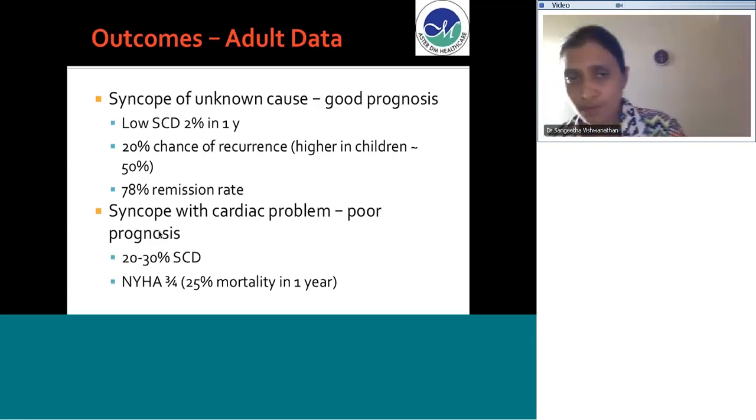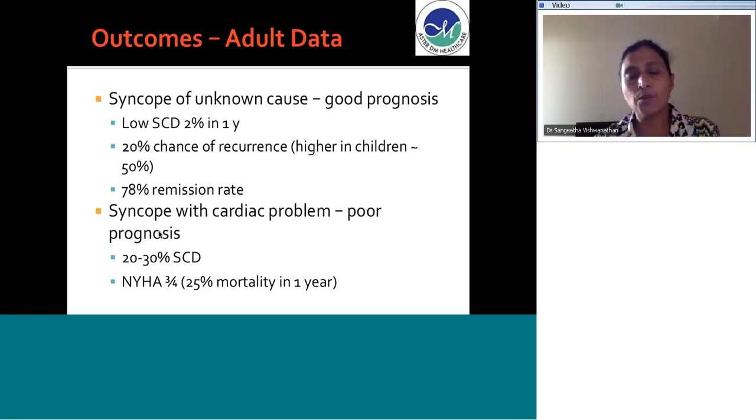Okay, so if you look at outcomes, there are papers published on adult data, and in children there are only limited and small studies. So let's go through the adult data first, and then discuss what the situation in children is.